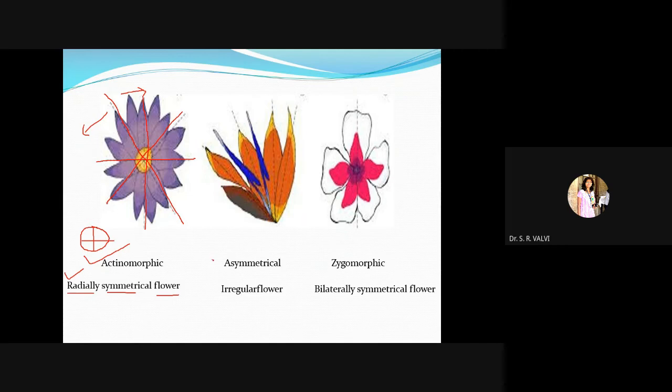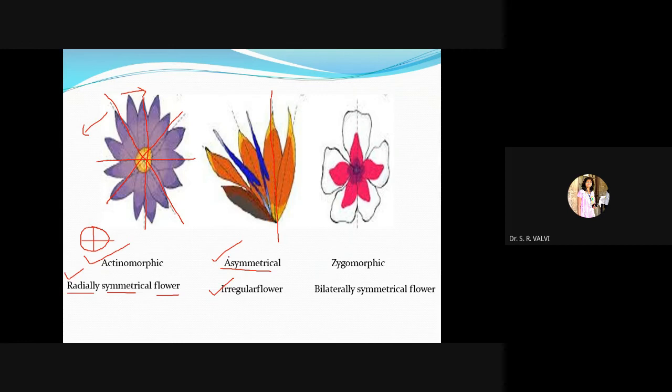Now, the second type is asymmetrical flower. Asymmetrical is also called as what? Irregular, because here you can pass the plane, right? But here you won't get equal parts of a flower, right? And hence they are called as what? Asymmetrical.